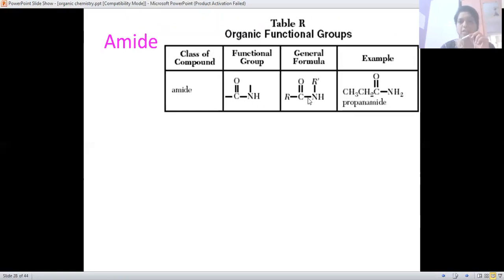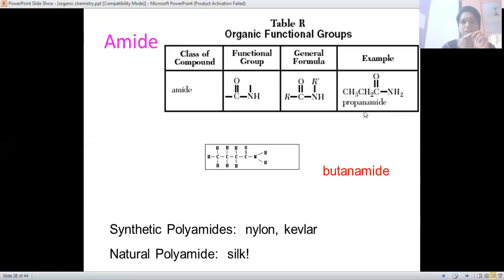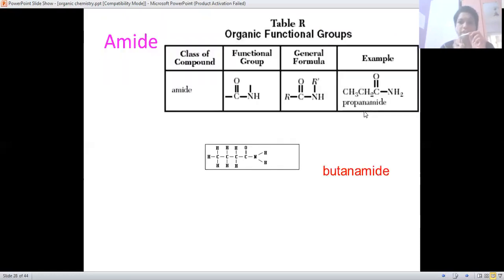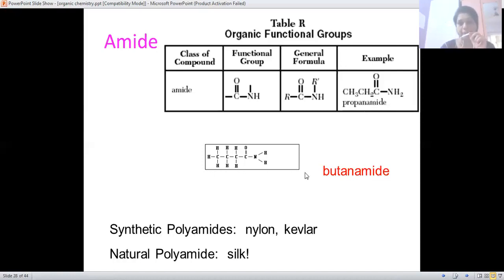So these are the structures. And when we put this R as CH3, CH2, or anything that you can consider, you have to mention propanamide. Then butanamide. In your first year B Pharm exams, butanamide synthesis, identification as well as drawing the structure are very expected. These are very important questions for amide to amine.